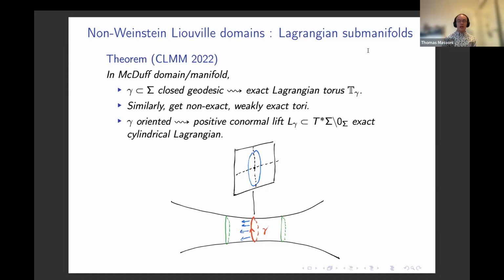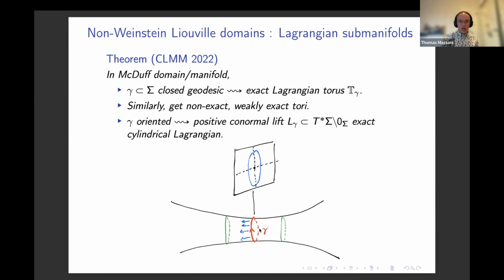There is a better point of view, which is much more explicit, but that involves some computations, which is to write down the McDuff Liouville form in coordinates near this geodesic, and try to write an equation or parameterization for this Lagrangian. It roughly looks like this blue circle rotated along gamma, but not quite.